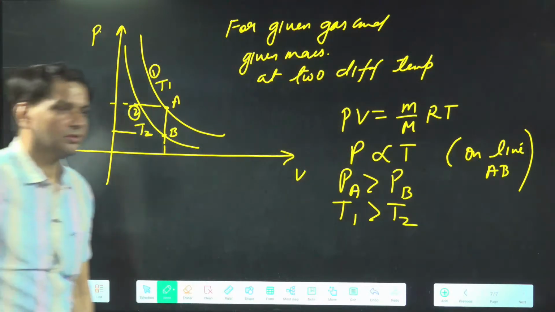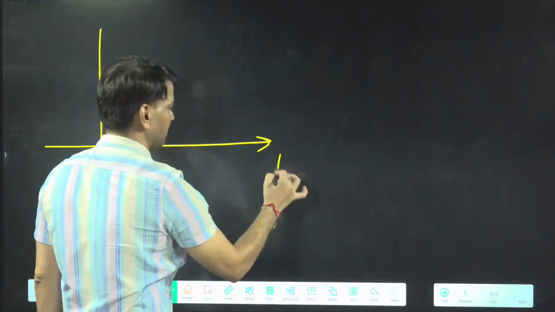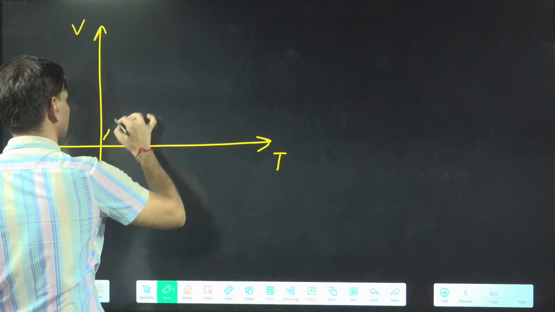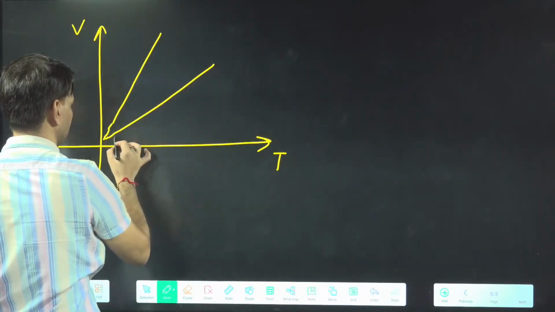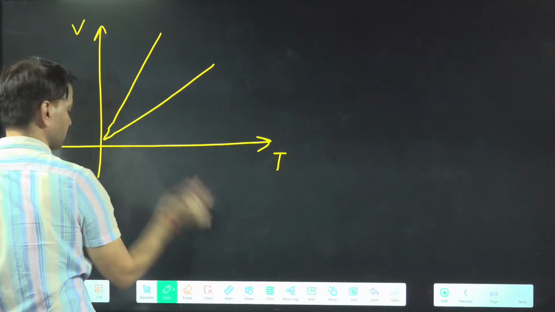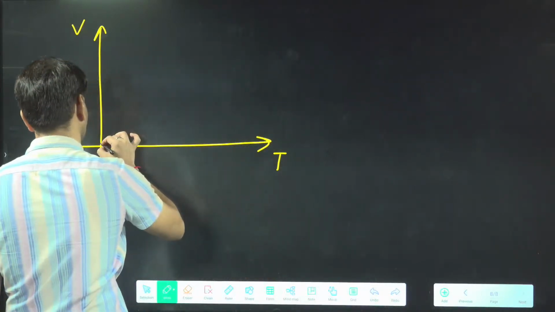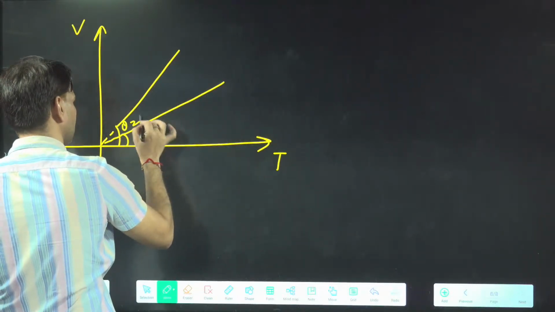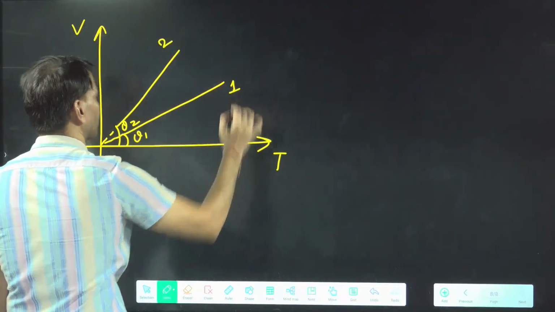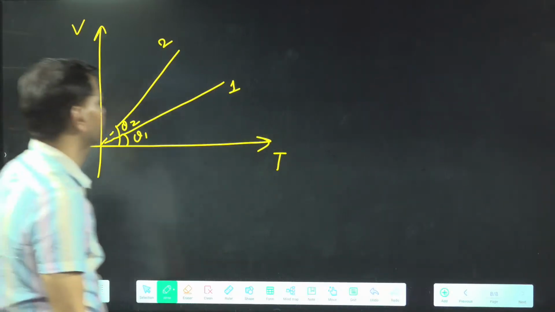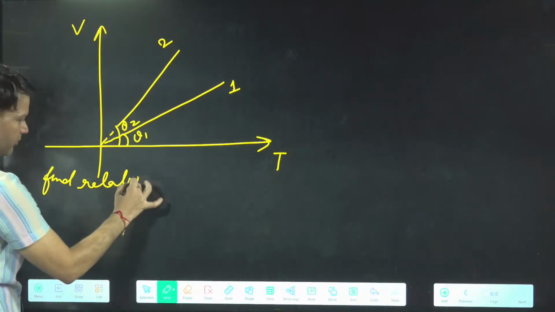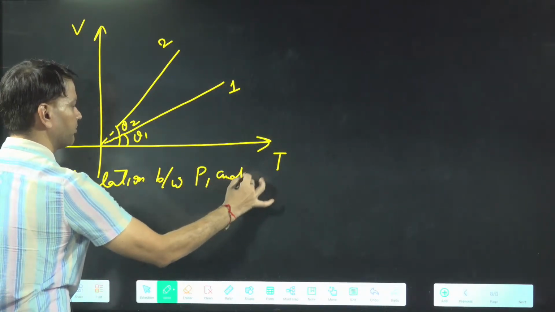Okay. Now just do one VT graph. You have to find the relation between P1 and P2.